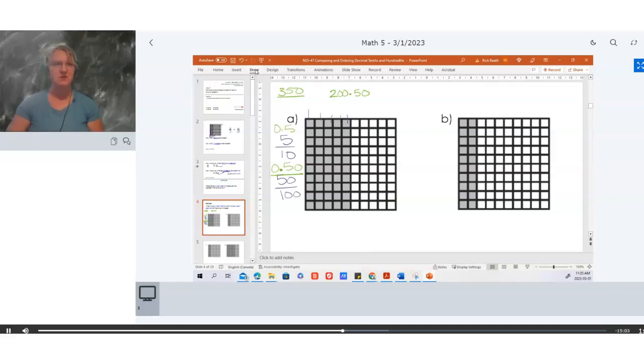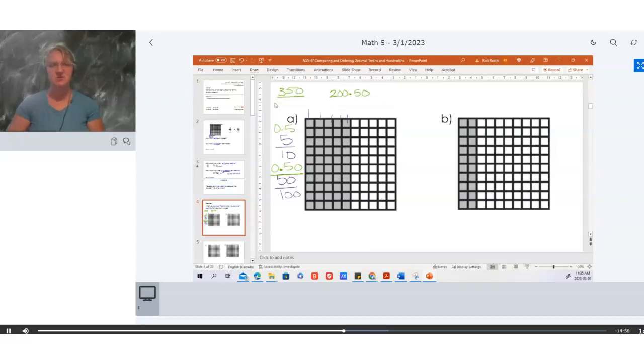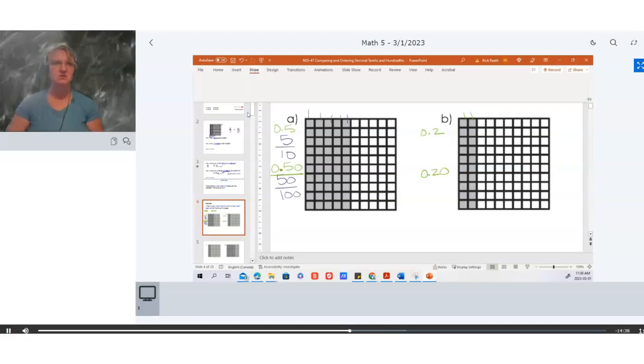Okay? Let's look at the next one. Let's see if we can actually do the decimal first. We have 1, 2 columns that are shaded. So our decimal in tenths would be 0.2, or in hundredths, we would say it's 0 and 20/100. We could say 0 and 2/10 as well.